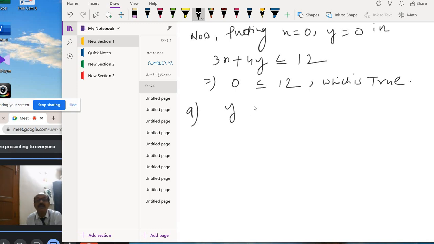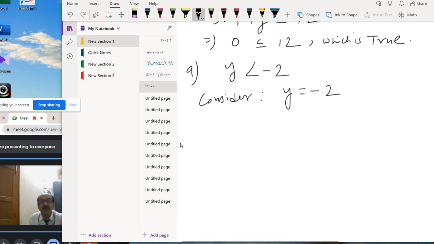So consider y equal to minus 2. This is a line, so draw the line y equal to minus 2.